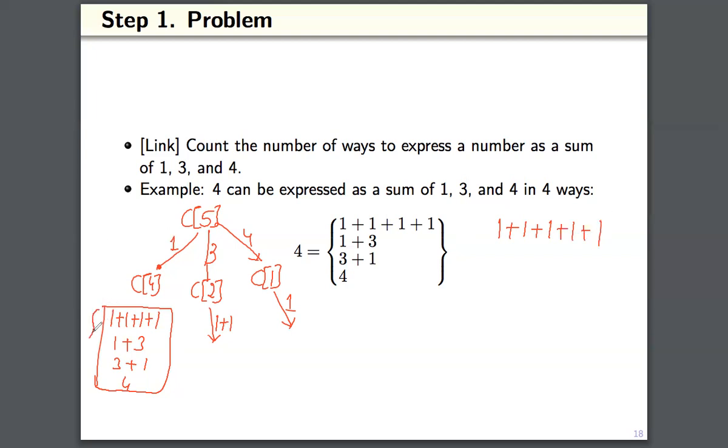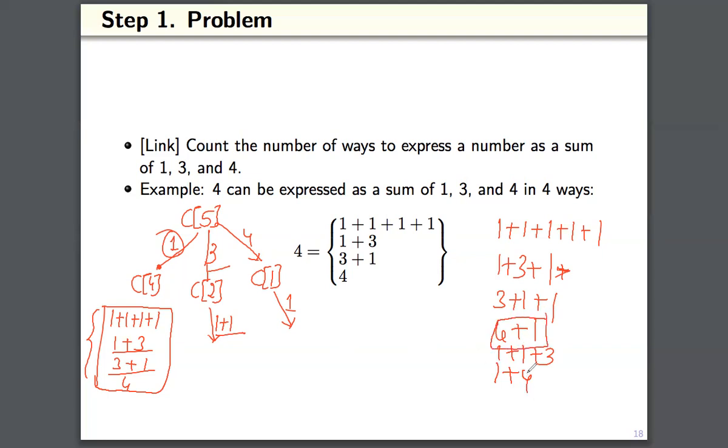I'm adding all these and appending a 1. Then 1 plus 3 and then 1, 3 plus 1 and then 1, 4 and then 1. And 1 plus 1 plus 3, and 1 plus 4. 4 plus 1 is already defined.